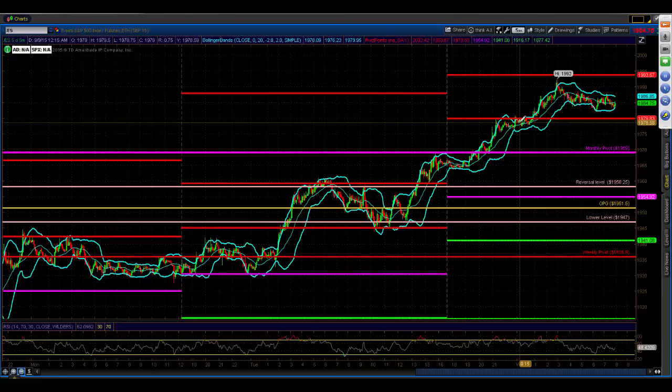And if the bears hope to regain control of this tape, and they haven't officially lost control of it yet, we haven't closed above the mid-band, and we haven't closed above the 200-day exponential moving average, which sits right around 2043. But in order for them to avoid that, they're going to have to retake the monthly pivot at 69 and retake the weekly pivot down 35, 36 and go back to work on the 1907 floor. That's a pretty tall task.